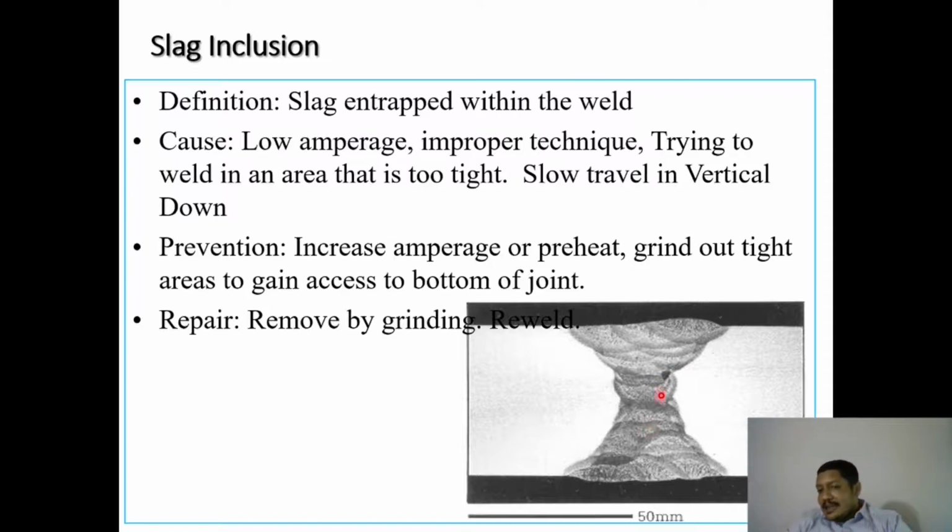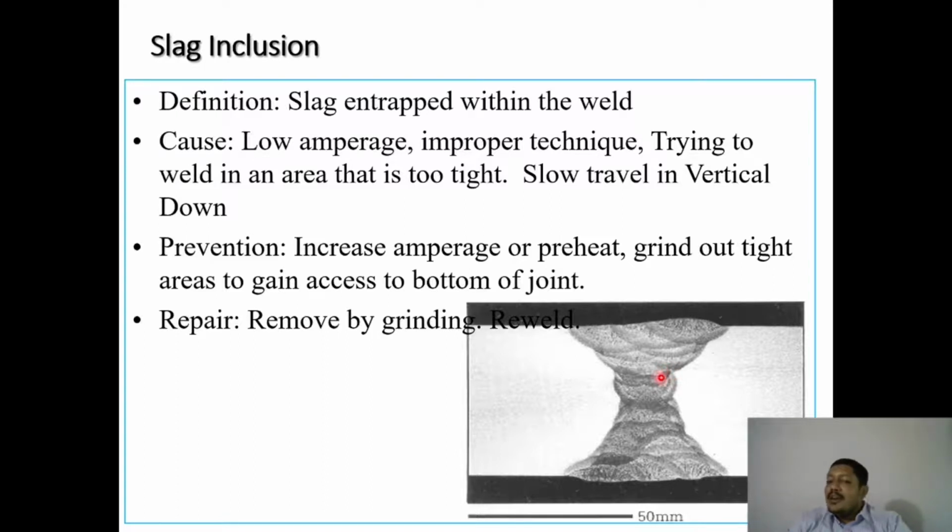Okay, so slag inclusions normally create a brittle area inside your weld joint. When a brittle area is present inside your weld joint, it becomes the nucleating site for further cracks or other defects to propagate from the weld.